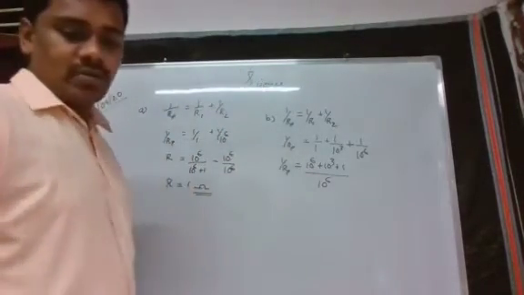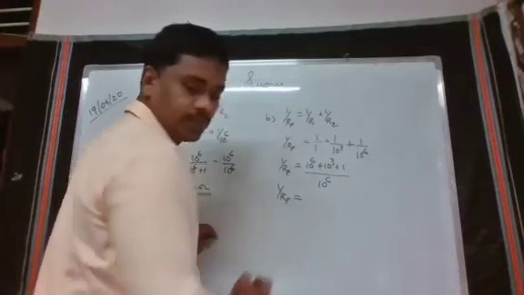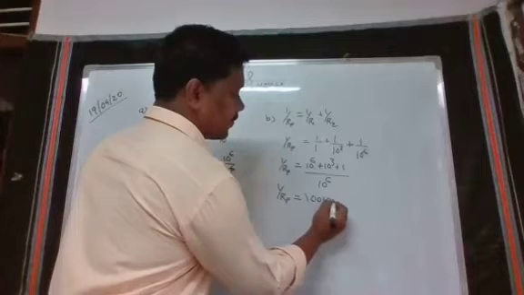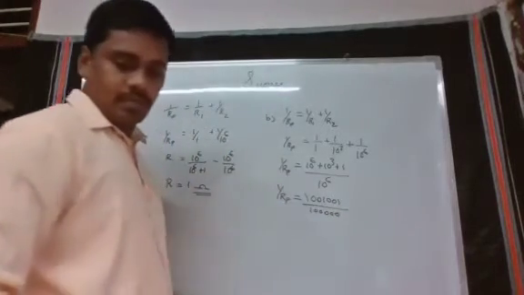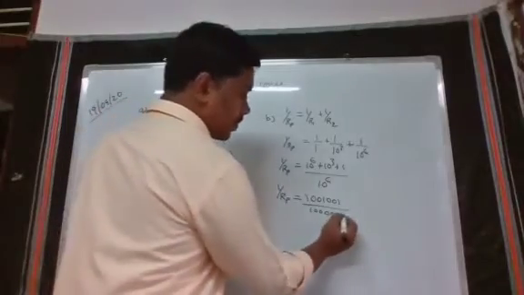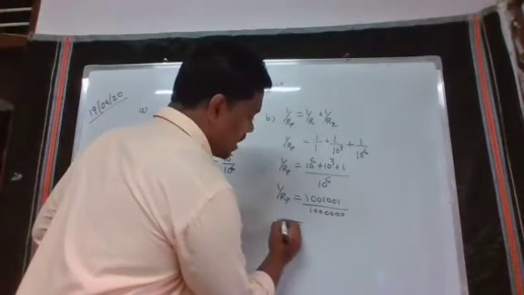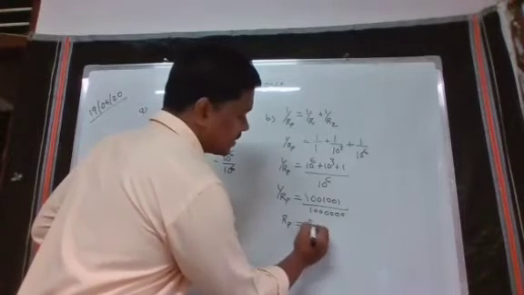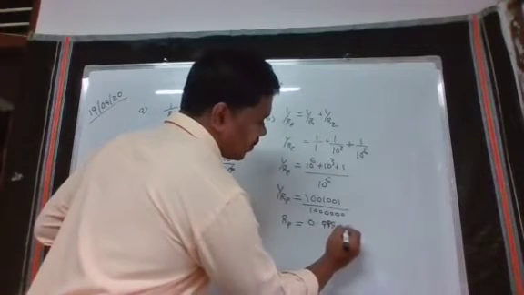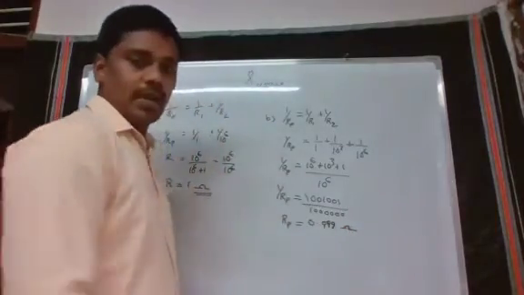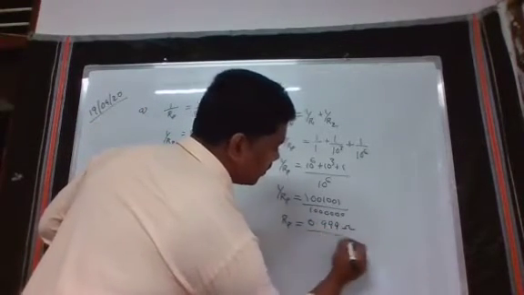So we get Rp is equal to 0.999 ohm. This is the answer for that.